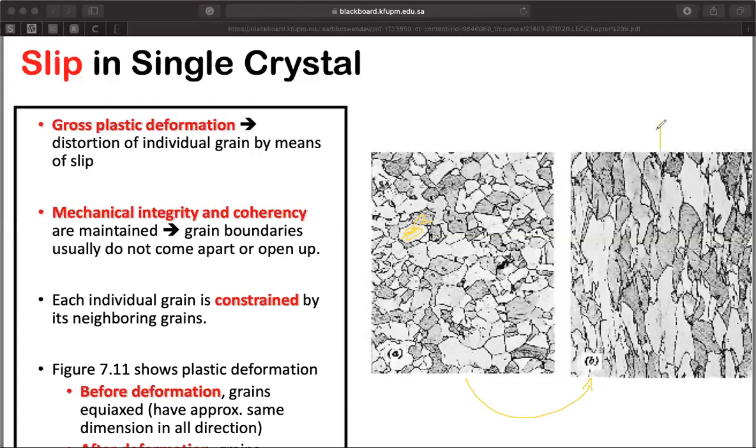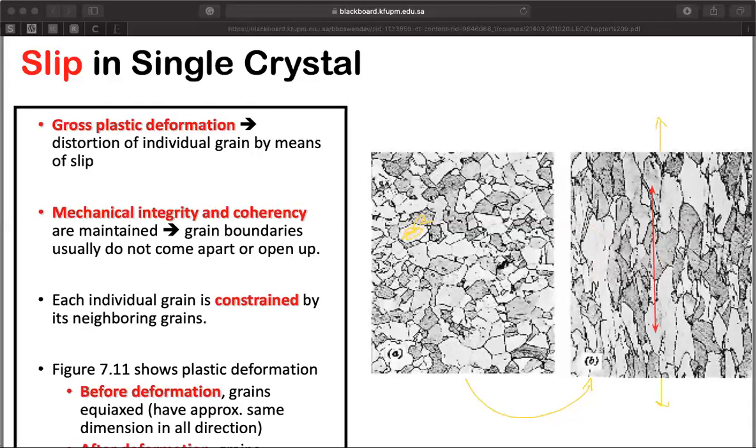If you're applying a tensile load in this direction, then those grains will be elongated in the direction of the applied stress.